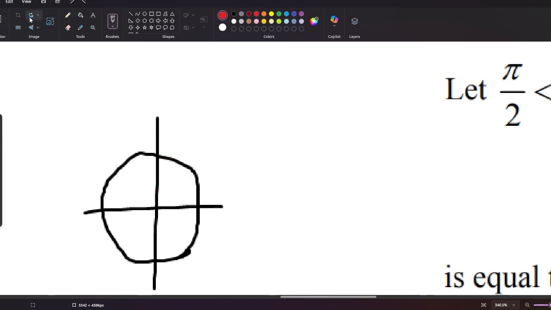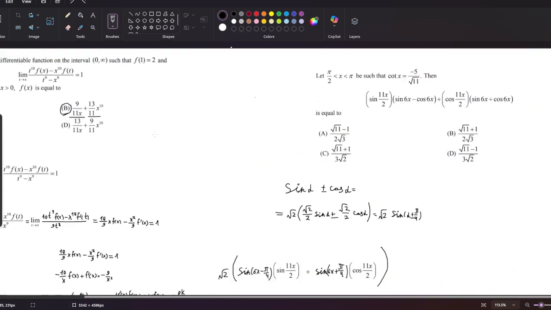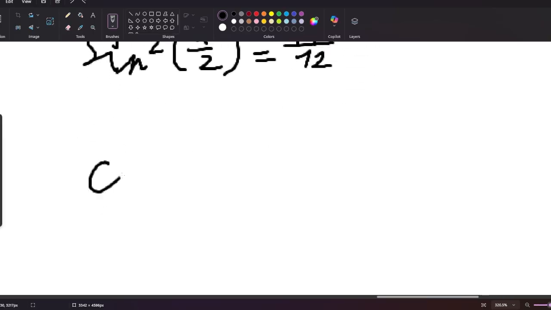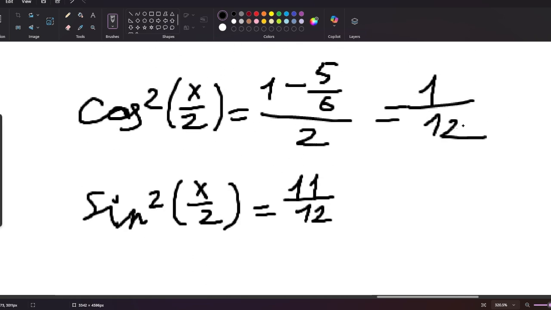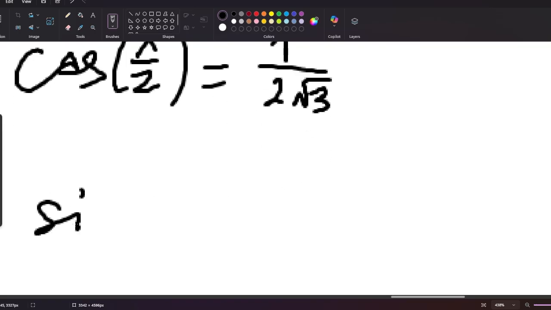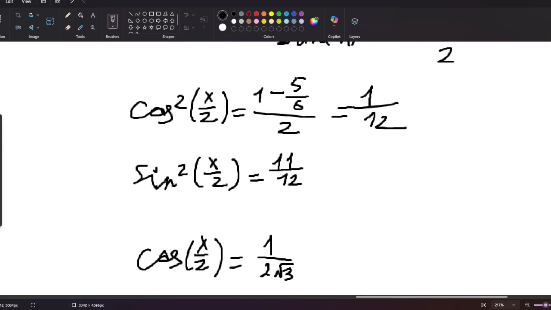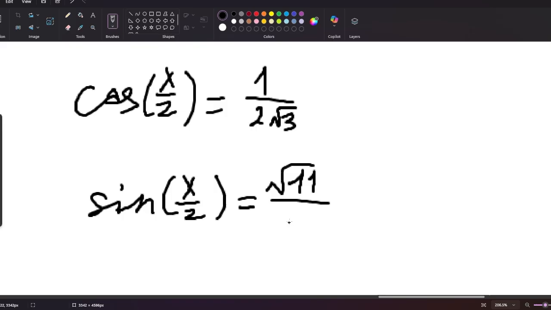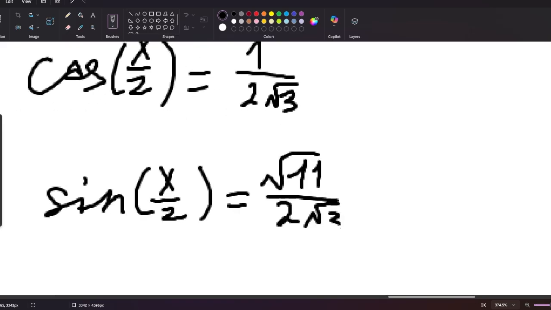Both cosine and sine are positive here, so we can simply assume that cosine of x over 2 is equal to the square root of this, which is going to be 1 over 2 root 3. Now, sine of x over 2 is going to be square root of 11 over 2 root 3.